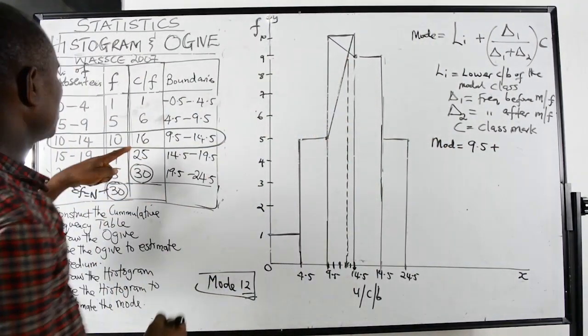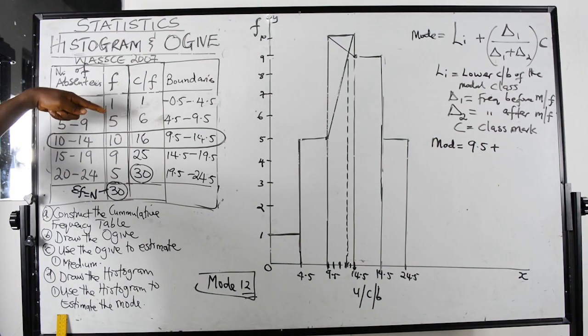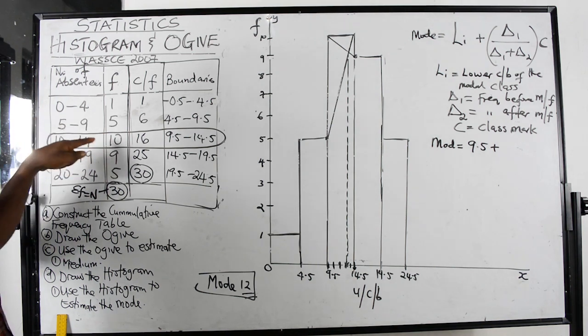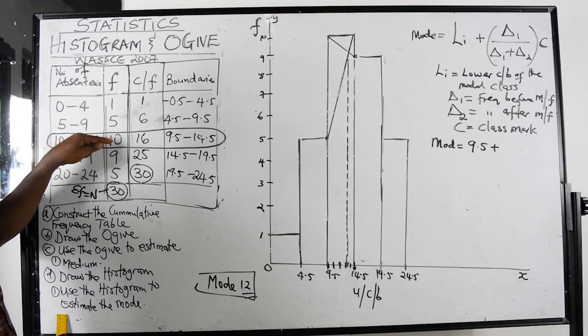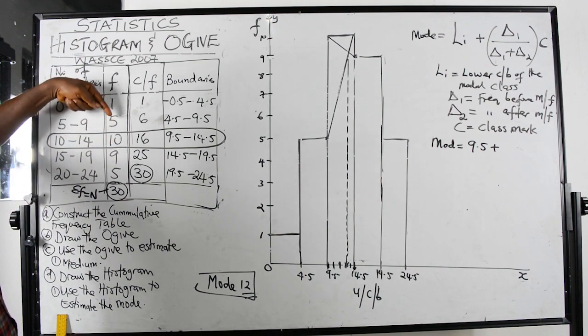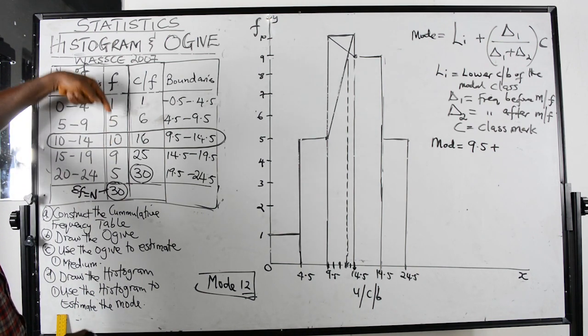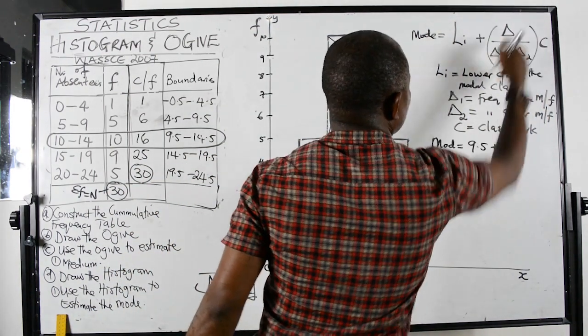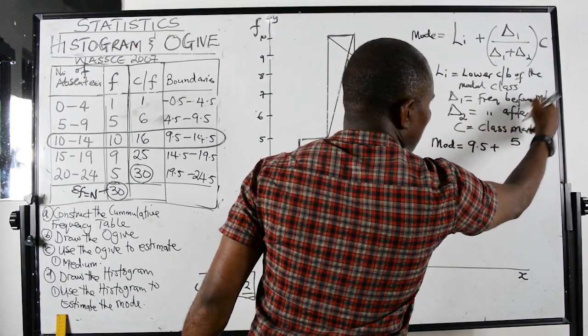Then I come back. This is the frequency that is before the modal class. It has frequency 10. So the frequency before it is 5. That is delta 1. That's the frequency before the modal frequency.